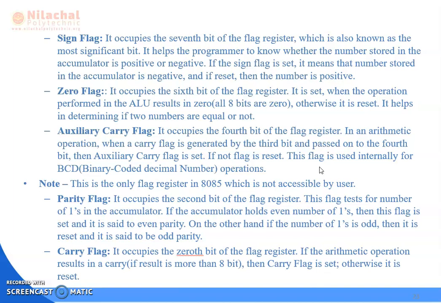On the other hand, if the number of 1s is odd, then it is reset, that is, it is said to be odd parity. So if an even number of 1s are present, it is known as even parity, and if an odd number of 1s are present, then we say that it is odd parity.